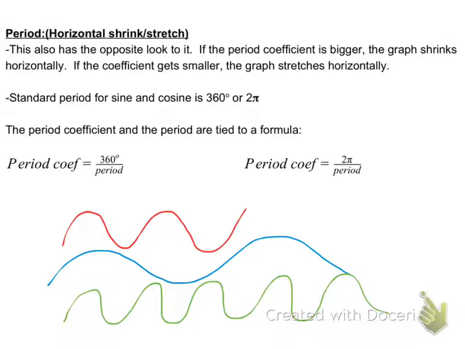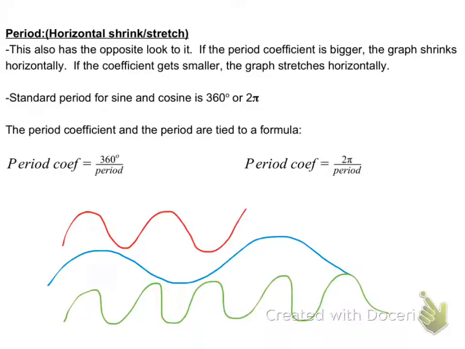If I'm in degrees, you take 360 degrees, which is a normal period, and divide it by how many degrees it takes to start to repeat. So you start on top of a hill, or the bottom of a hill, or someplace. How many degrees would it take to get back to that exact same spot? You take those degrees and divide it into 360, and there's your number.